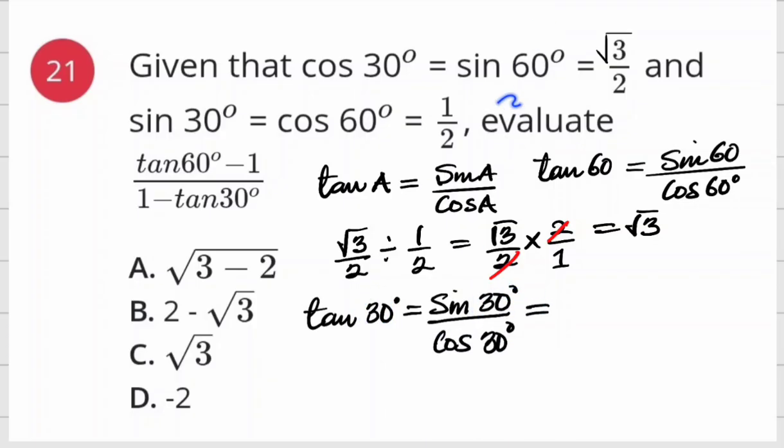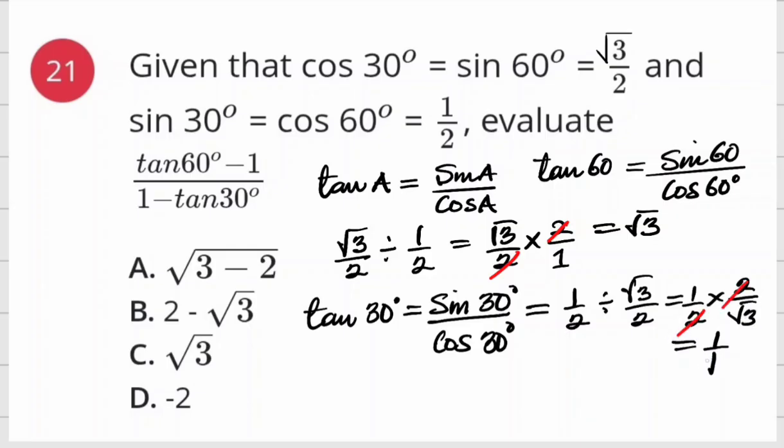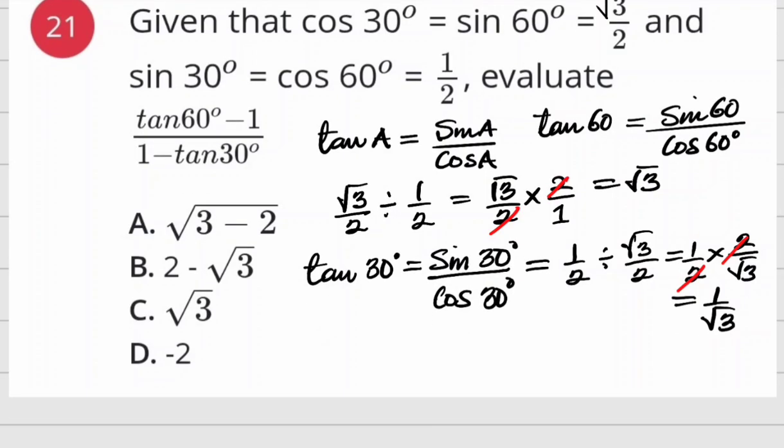And we are given that sin 30 is 1 over 2 and cos 30 is root 3 over 2. So this will now be divided by root 3 over 2. So that is 1 over 2 divided by root 3 over 2, which is 1 over 2 multiplied by 2 over root 3. So here we shall have ordinary 1 over root 3. Tan 60 was root 3.